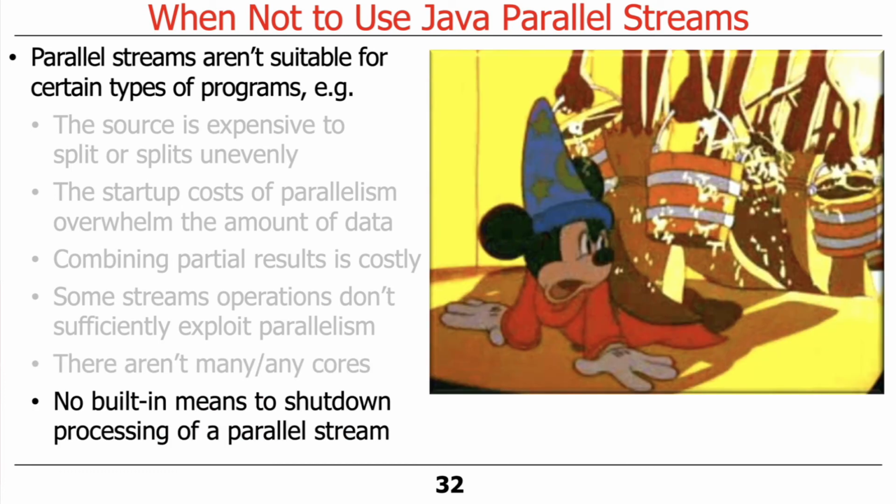Another tricky thing about parallel processing with streams is there's no built-in way to stop the processing of the stream. Once a parallel stream starts to run, it'll run till it's done, or you have to manually instruct the various operations in the stream to shut themselves down. This is what I call the Sorcerer's Apprentice problem, because it's often easier to start things up but harder to shut them down.